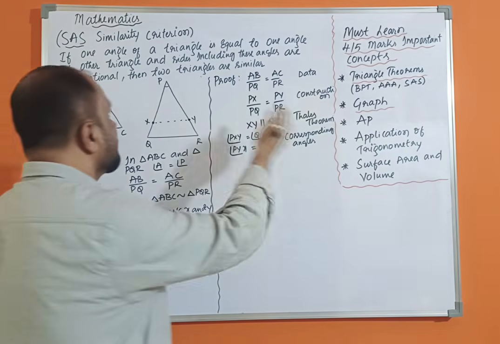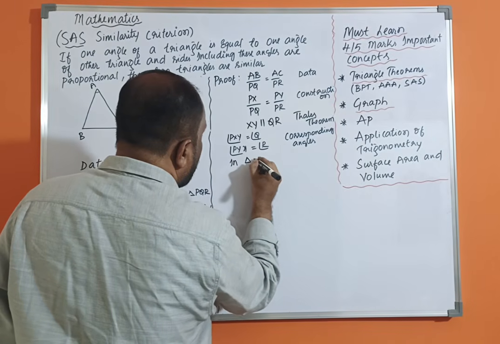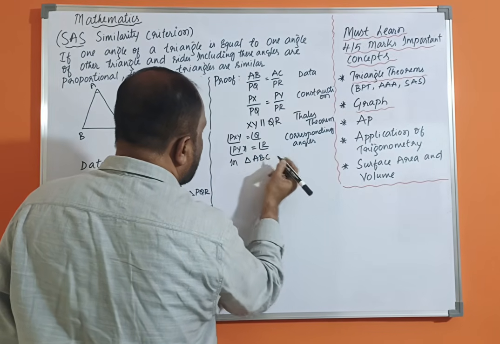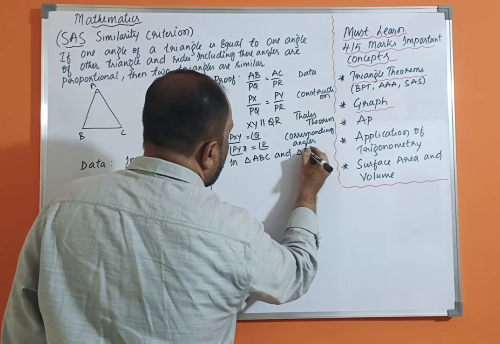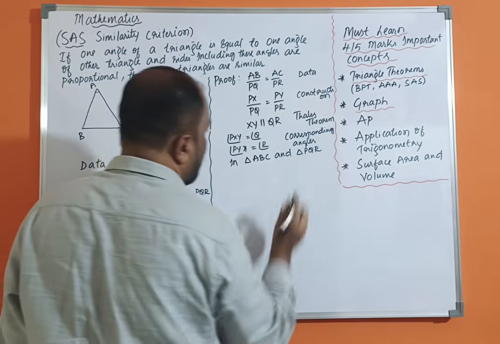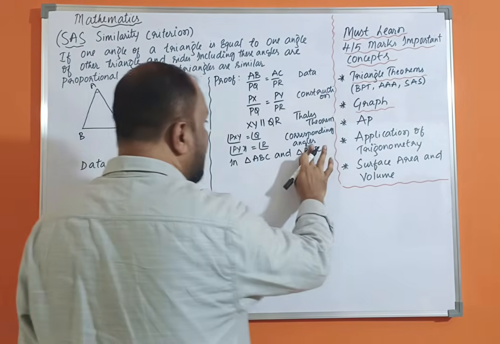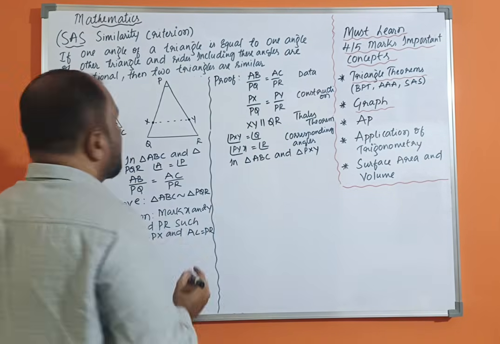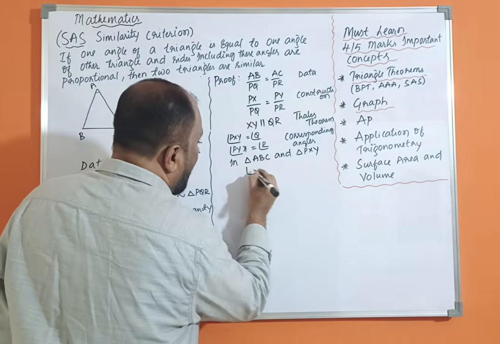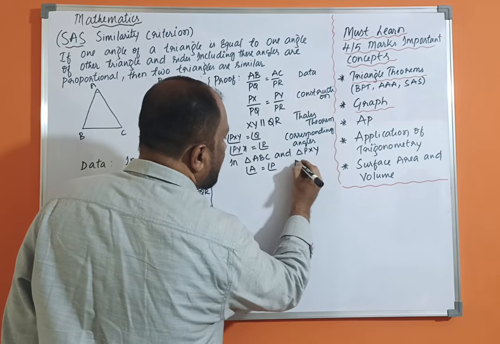Now, in triangle ABC and triangle PXY, angle A is equal to angle P, which is given in the data.